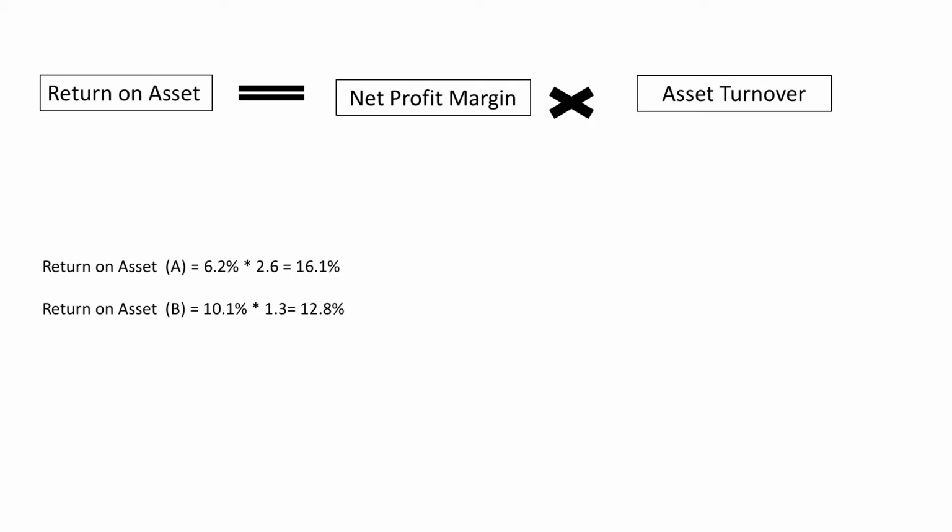If you look at the numbers, ROA for A is 16.1% and ROA for B is 12.8%. So, overall we can conclude that A has better financial performance than B at this point of time.